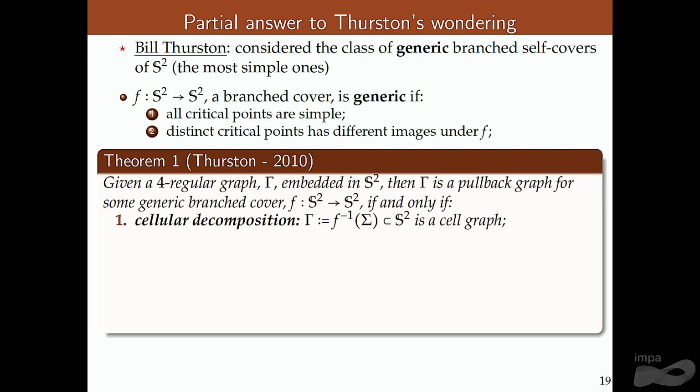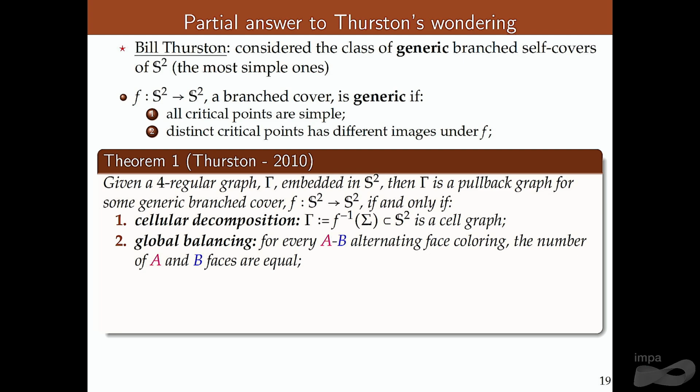And for any four-regular graph drawn on the sphere, that graph is realized as a pullback graph by some branched cover if that graph is a cell graph, so its complement is made of topological disks.